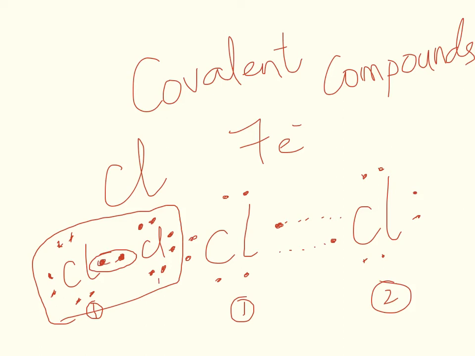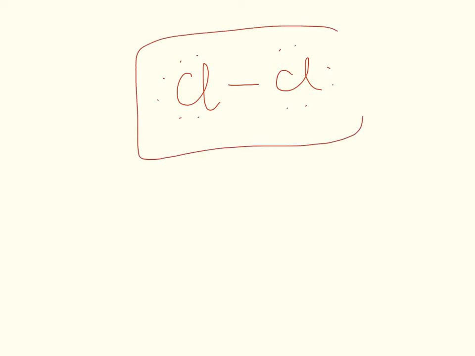So this chlorine also has 8 electrons. So chlorine has 8 electrons in each atom, and so it exists as Cl2 in nature. Cl2 is more stable than an atom of chlorine.